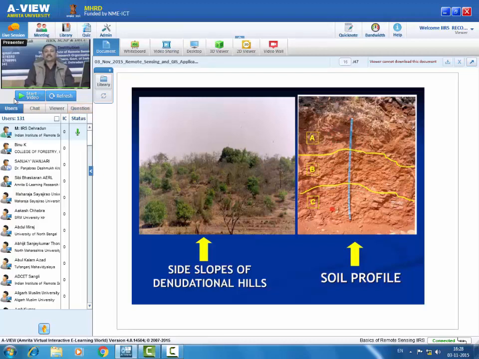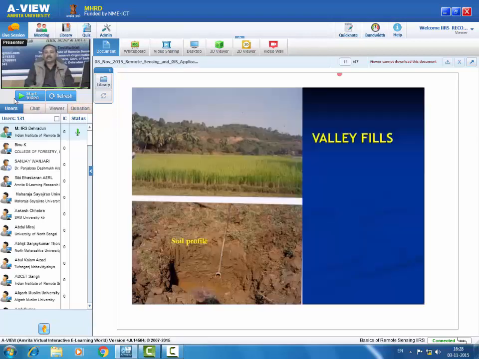So we collect the samples from the A layer, B layer and C layer, and we analyze the soils for classification. But near to the hills, when I have taken the soil profile just near the hills in the valley area, you see the soil has changed.